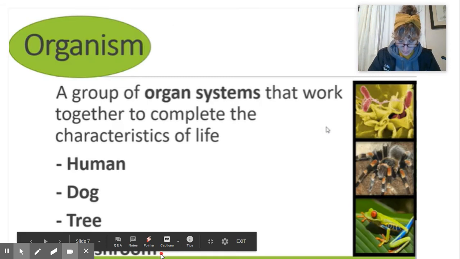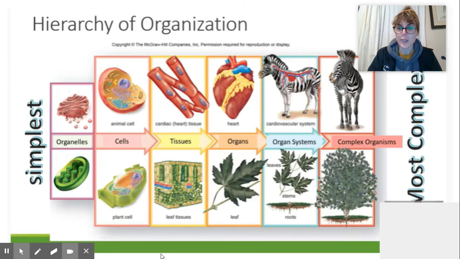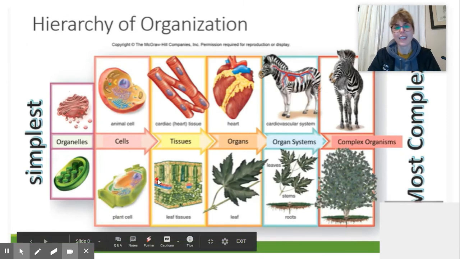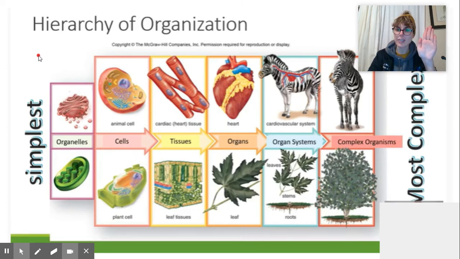So, again, this concept of going from simple, going from the cellular level to a full blown organism, we call this the levels or hierarchy of organization, starting with the internal parts of a cell, those tiny organs inside the cell.